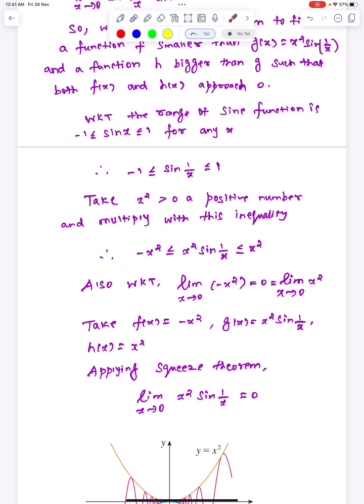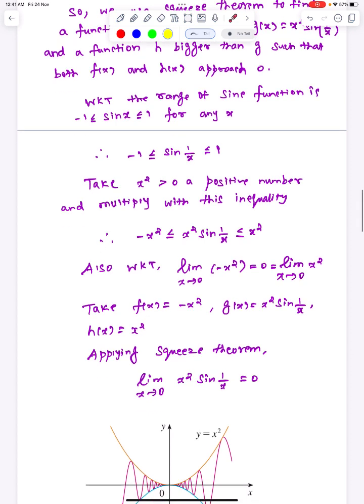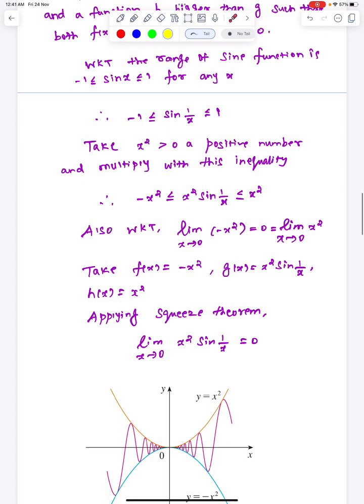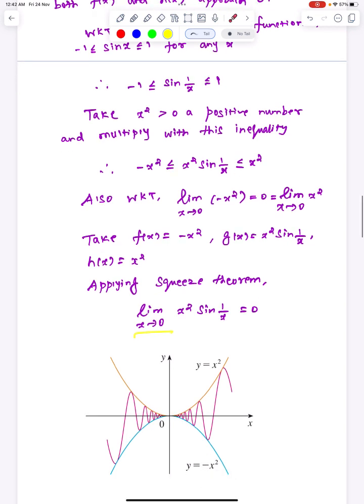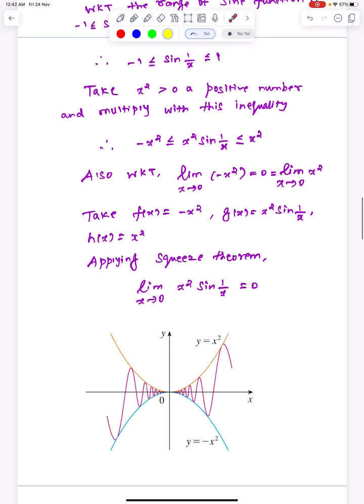As we know, f of x and h of x approach 0 as x is closer to 0, then by applying the squeeze theorem, we can say the limit as x tends to 0 of x square into sine 1 over x is equal to 0. So this is how we prove that x square into sine 1 over x approaches 0 as x is very close to 0. That means the limit value of this function is 0.